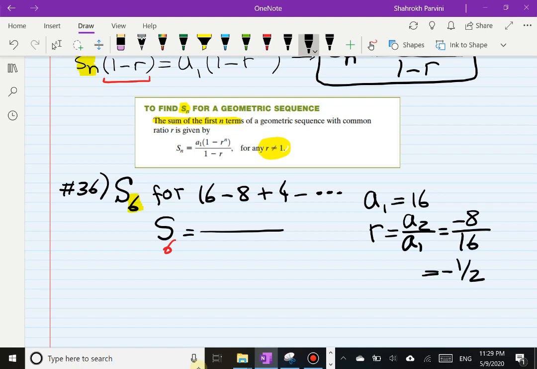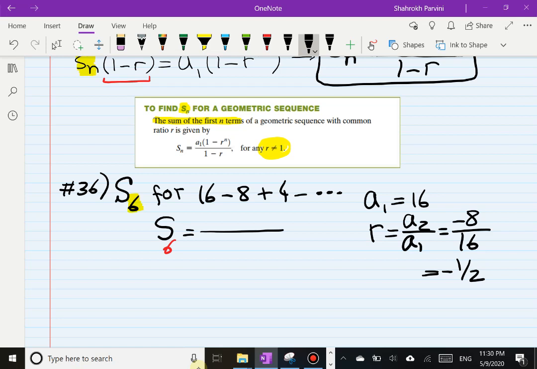That's the common ratio. So to go from first to second, you multiply 16 times negative 1/2, you get negative 8. To go from negative 8 to 4, you multiply negative 8 by negative 1/2. It becomes 4, and so on. So the next term after 4 would be 4 times negative 1/2, and that's negative 2, right?